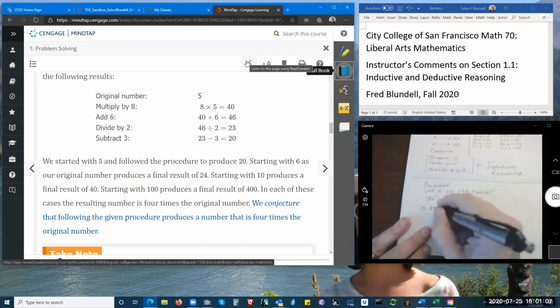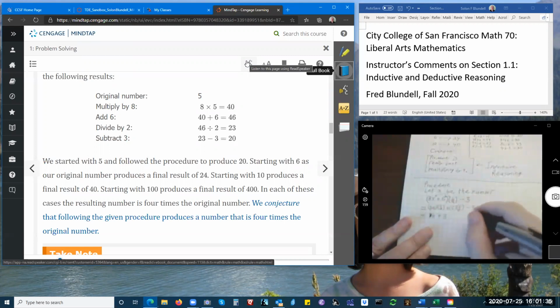I have a half of 8x, plus half of 6, minus the 3. Half of 8x is just 4x. Half of 6 is 3. I said 4 and I wrote 8. I should have written the 4. So I have 4x plus 3, and then I have the minus 3 on the end.